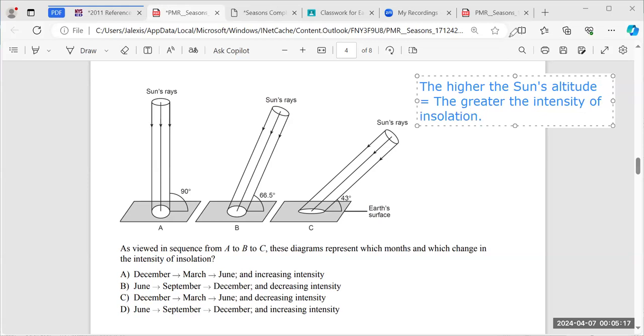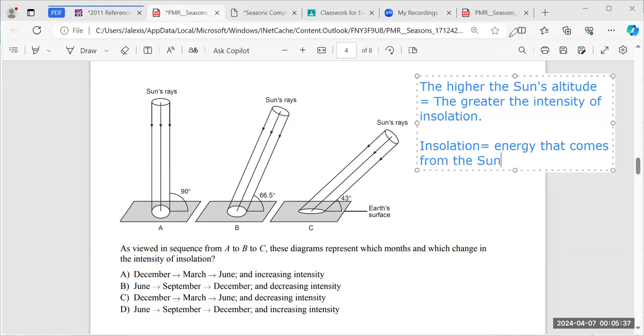That means that when the sun is at its highest angle, you're going to get the greatest intensity of insolation. And insolation is just energy that comes from the sun. That's one of the reasons why the equator is just so hot. It's because it's receiving the greatest amount of insolation from the sun.